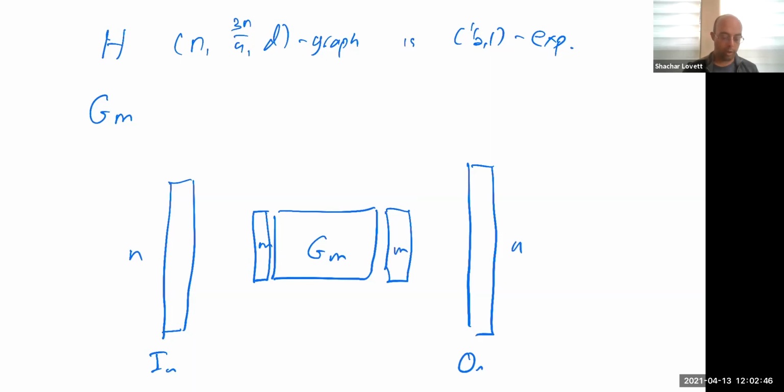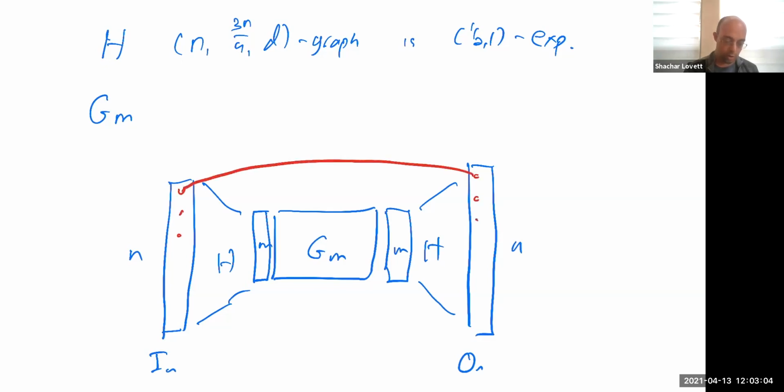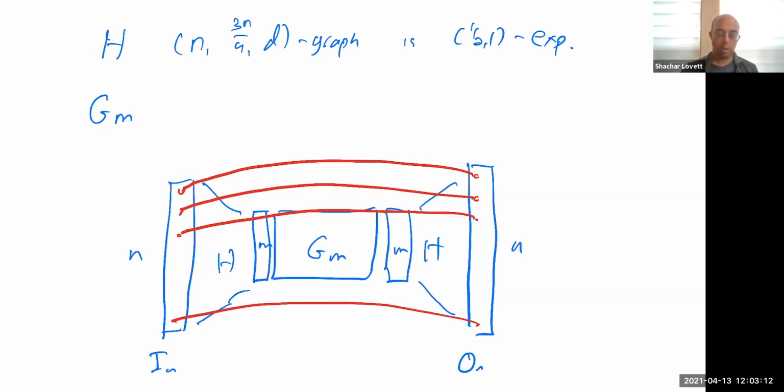We place one copy of H on the input side and another copy of H on the output side. Then one more tweak: we add a matching from the inputs to the outputs, connecting the first to the first, the second to the second, the third to the third, and so on, up to the last. So this is the construction.